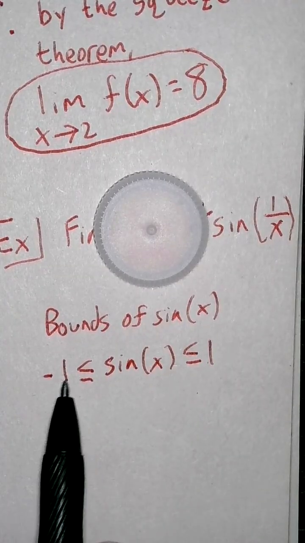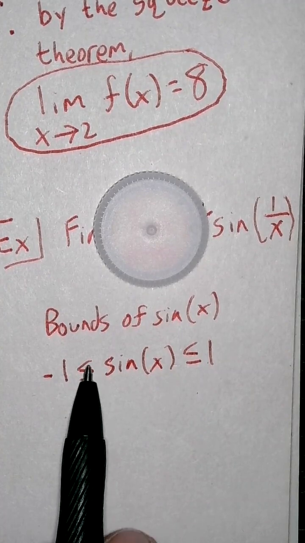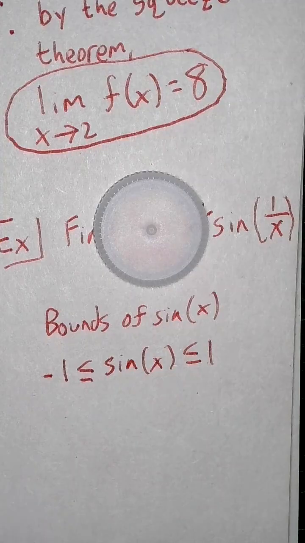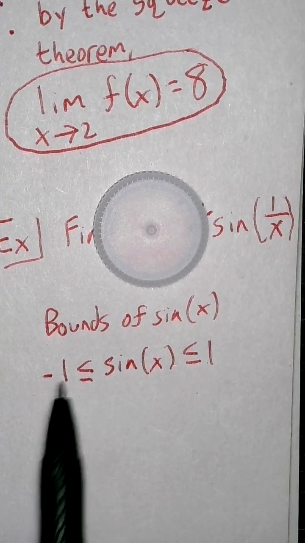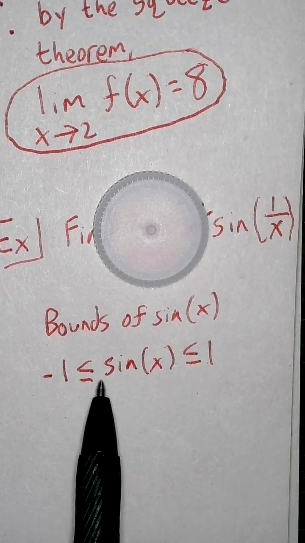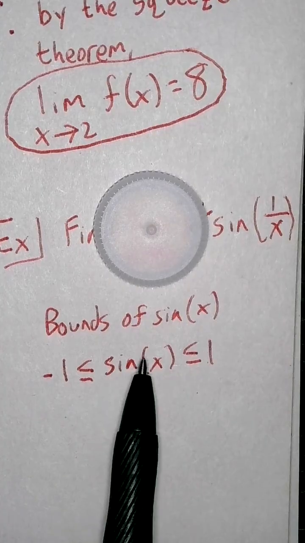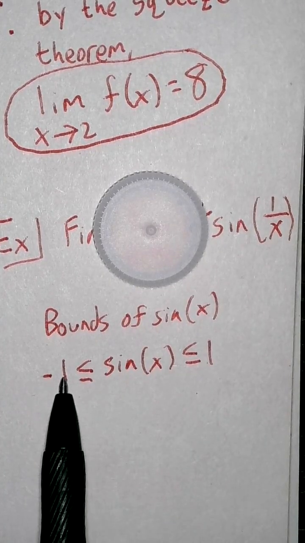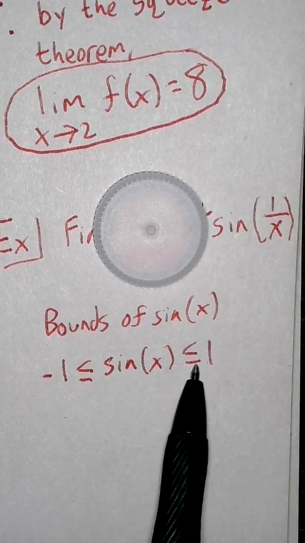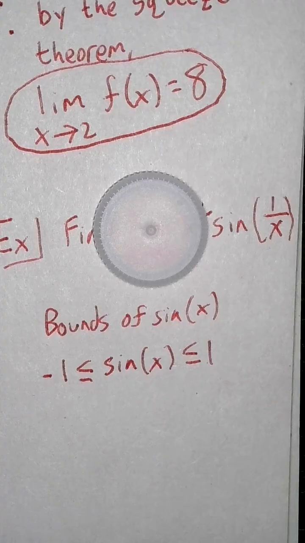So sine cannot be less than, let me try that again. So sine is less than or equal to negative 1 or greater than. Wow, I can't read tonight. Sorry about that. Let me try that one more time. So sine is greater than or equal to negative 1, but less than or equal to 1. As you can see, I make a ton of mistakes.